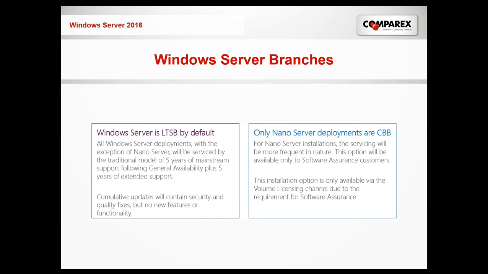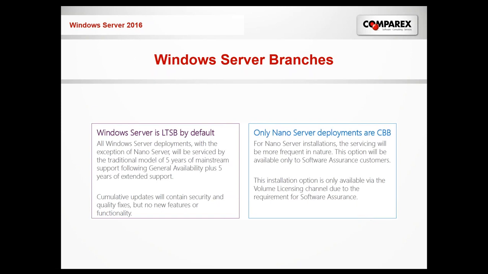And since you automatically get new feature updates with this branch, you will have to have software assurance in order to be compliant. And when this is the case, you will also need to uninstall Nano Server if you do not renew your software assurance. And this is important to remember, and I'll venture a guess that many will be incompliant on this exact point in 1 or 2 years from now.